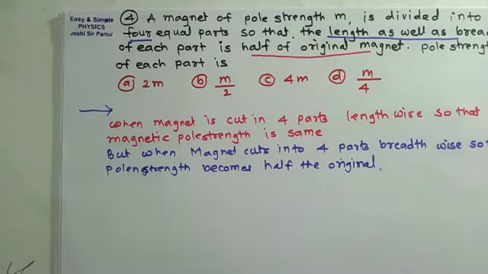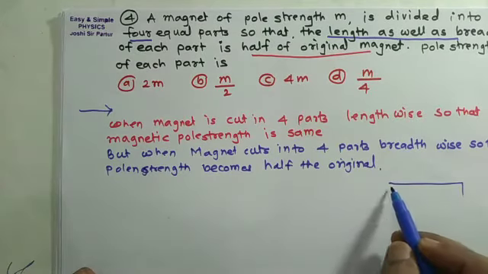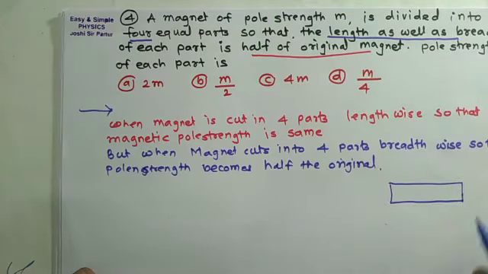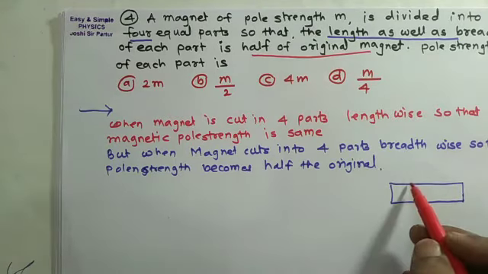Pole strength becomes half the original. See here, this bar magnet is there and it is cut into four parts.